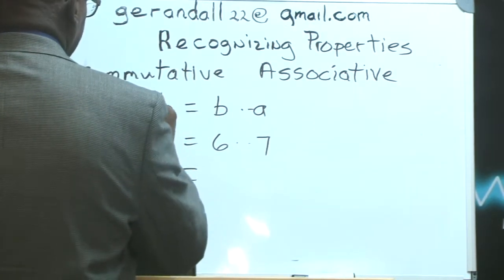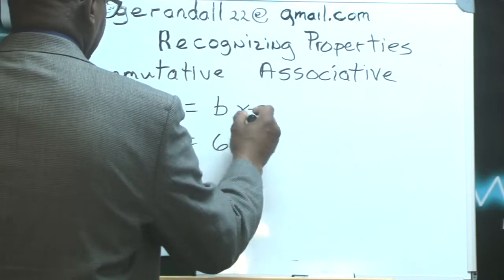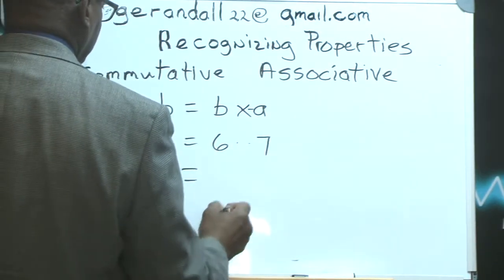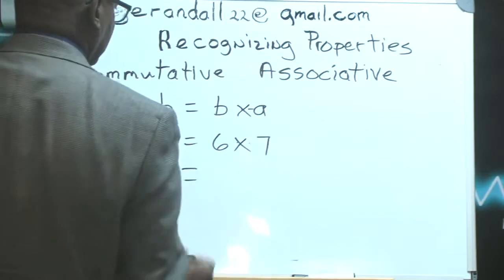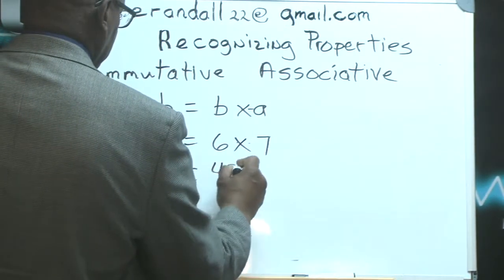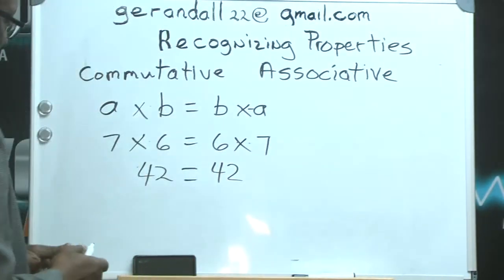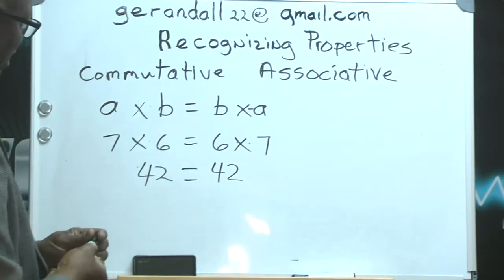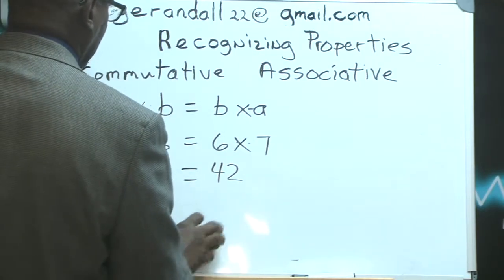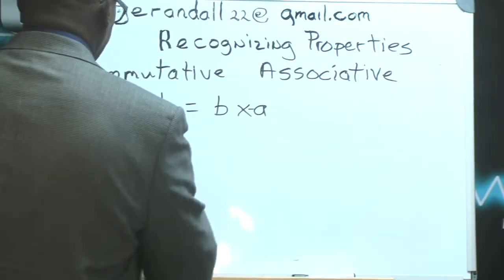A times B equals B times A. 7 times 6 is 42, and 6 times 7 is 42. Commutative property of addition and multiplication. Okay. Associative property.